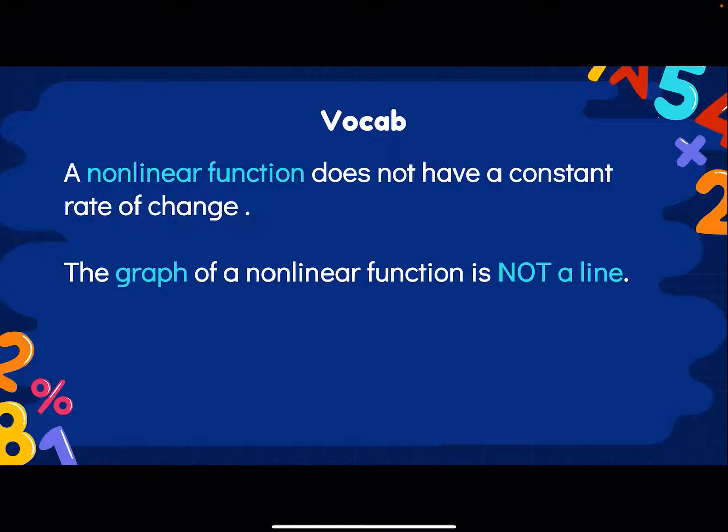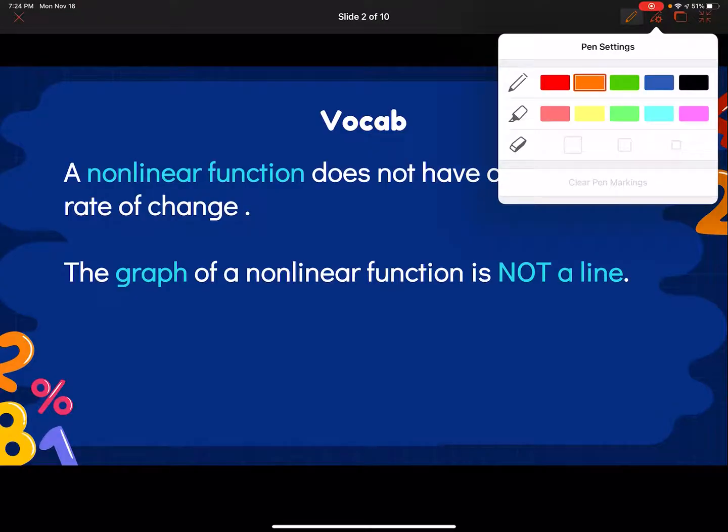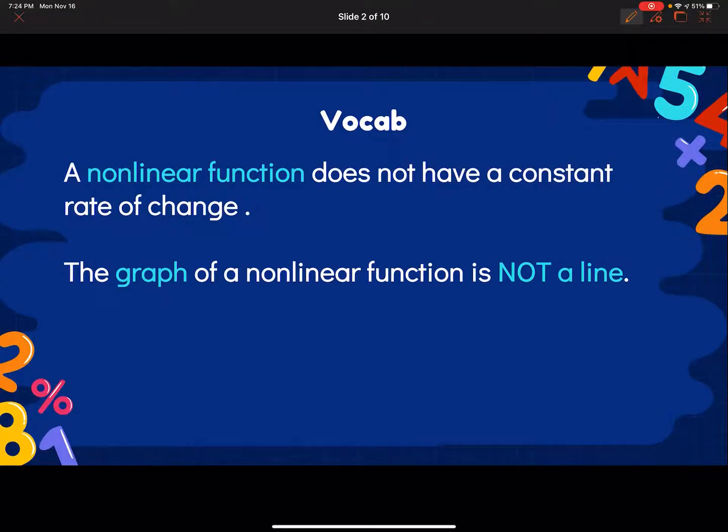Okay, we've got some vocab. A non-linear function does not have a constant rate of change. Now, when we say constant rate of change, it means it's consistently staying the same as we move throughout each ordered pair or relation.